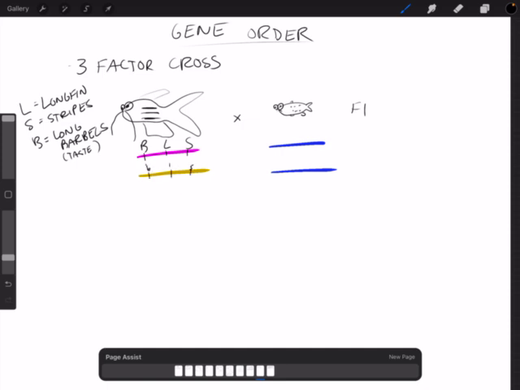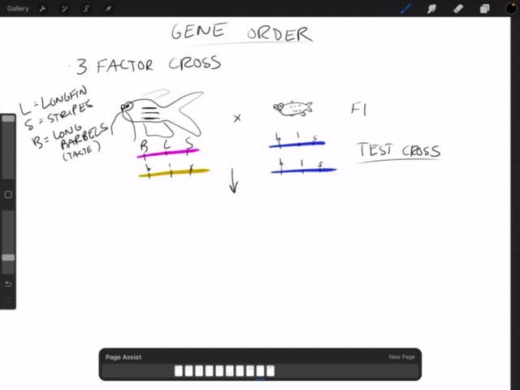Our test cross, remember, is homozygous recessive for each of the alleles. This is our test cross again. All right. So I'm not going to draw out the blue chromosome anymore. That's just going to fade away into the background.